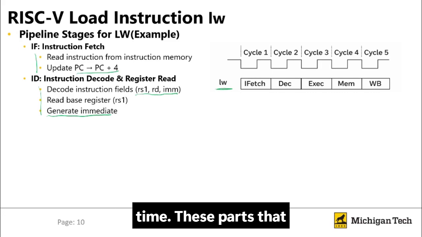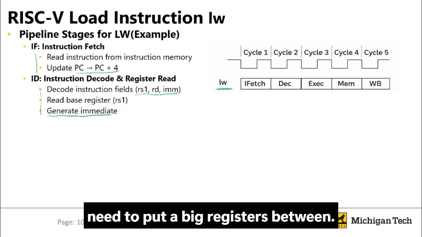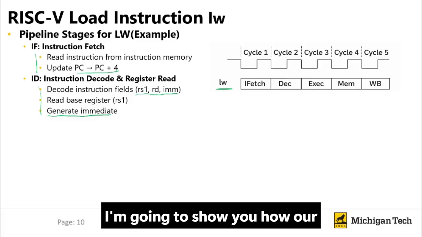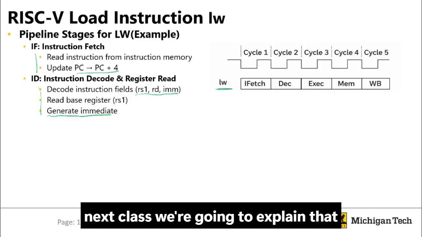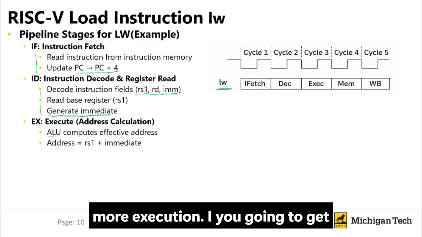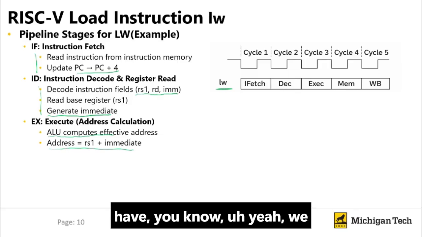This part that I'm mentioning is the part that we need to put big registers between. So we can see in this picture, I'm going to show you how. However, next class, we're going to explain that more. In execution, the ALU is going to get involved, also creating the address.